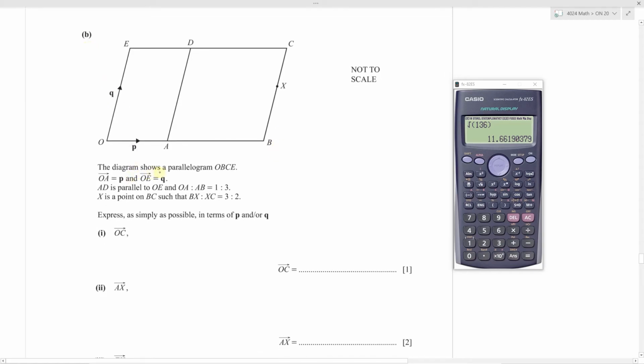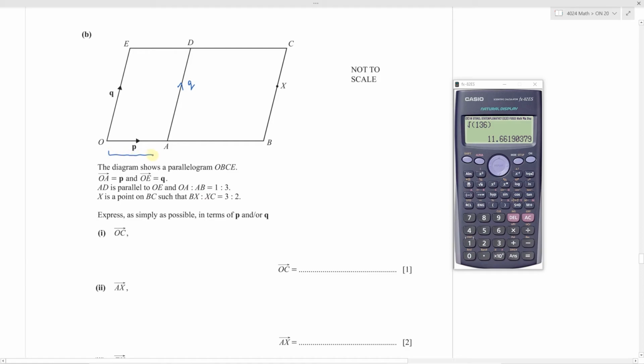Part B. The diagram shows a parallelogram OBCE. OE is vector Q, and OA is vector P. AD is parallel to OE, so that means this is also Q. And OA to AB is 1:3.